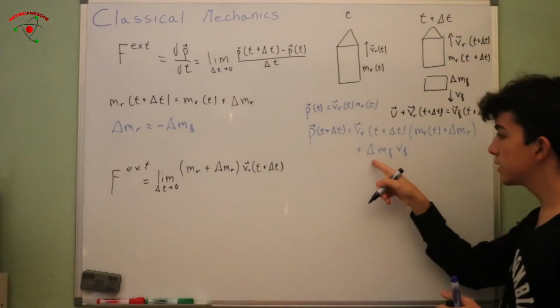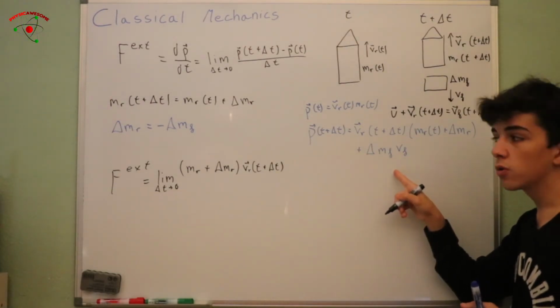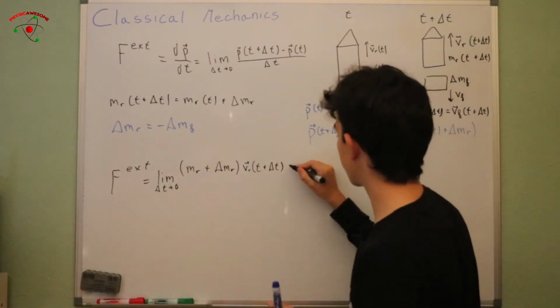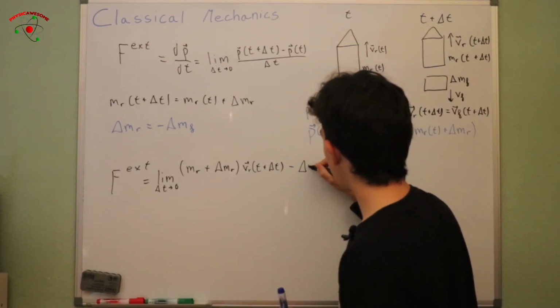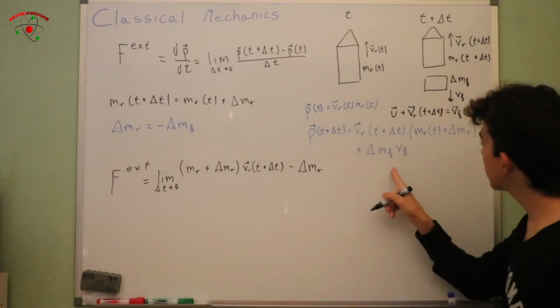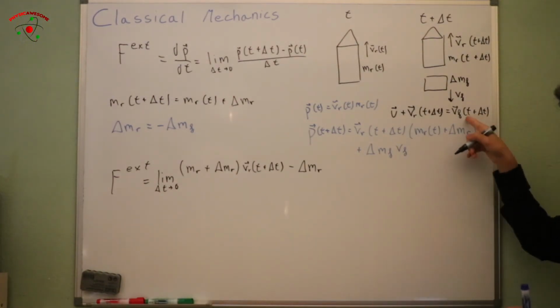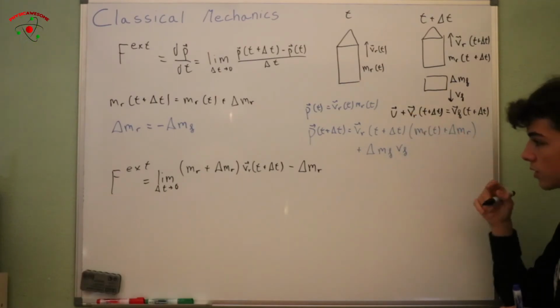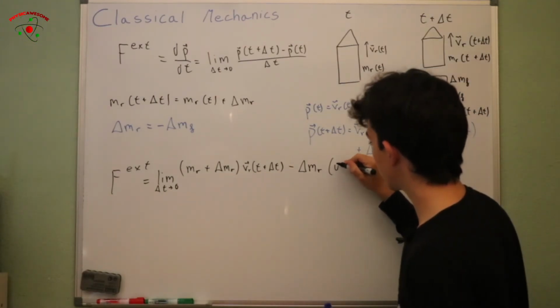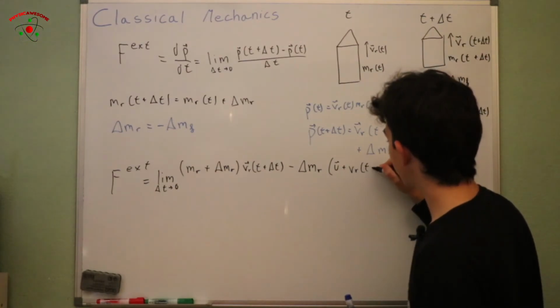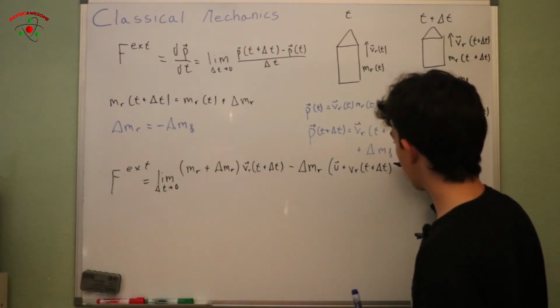And this delta mf, we're going to substitute directly our delta mr. Therefore, this is going to be minus delta mr. And we are also going to substitute our expression for vf of t plus delta t, which is this right on here. That is u plus vr of t plus delta t.